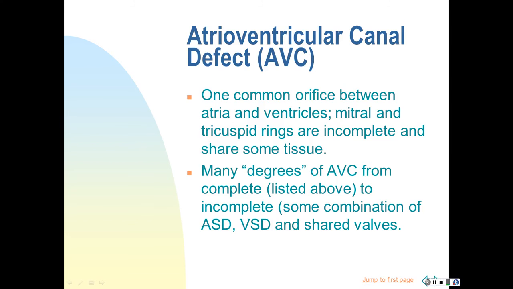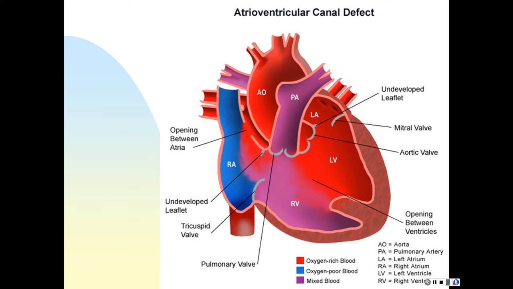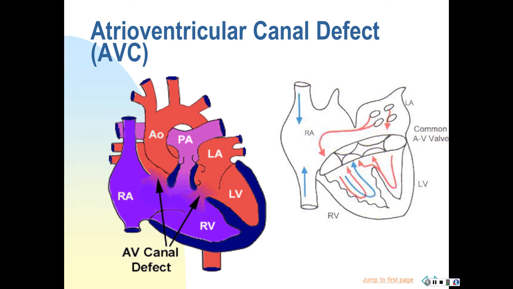So when you have somebody with an AV canal, we already mentioned that these are the Down syndrome kids, we are going to have a VSD, we're going to have an ASD, and depending on the severity of the AV canal, we either have one huge valve between the atriums and the ventricles, or we may have small pieces of not 100% functioning valves. So here's somebody who has like a minor version of an AV canal, big ASD, a VSD, but their valves are probably halfway decent.